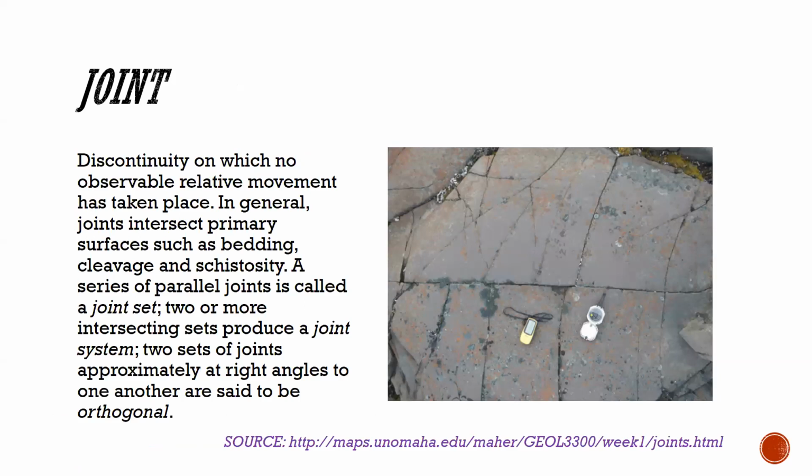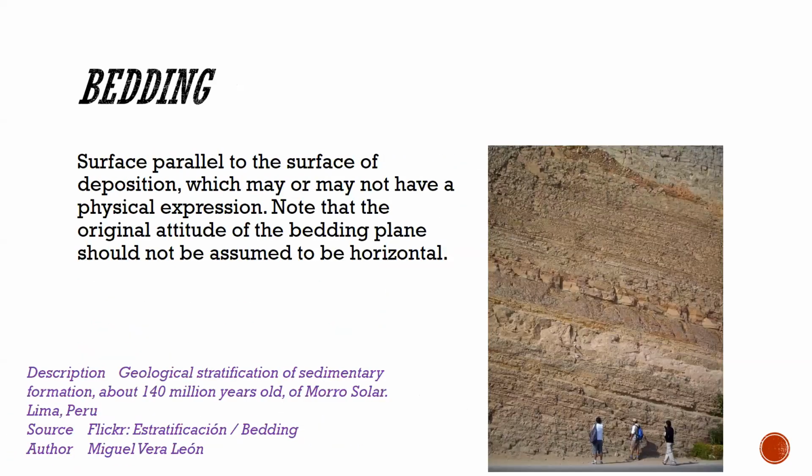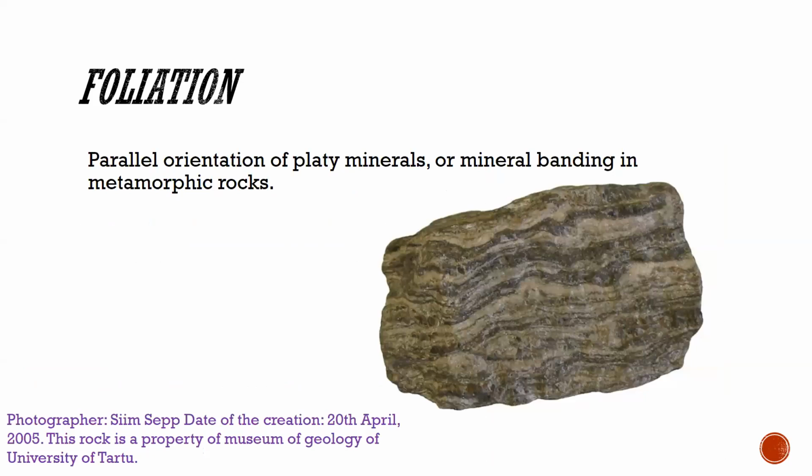Now, what is the difference between bedding and foliation? Bedding is a bedded deposit of the total rock, whereas in foliation only the platy minerals are oriented along a plane. So foliation indicates a particular stratification of that mineral only, and it is not on a large scale.